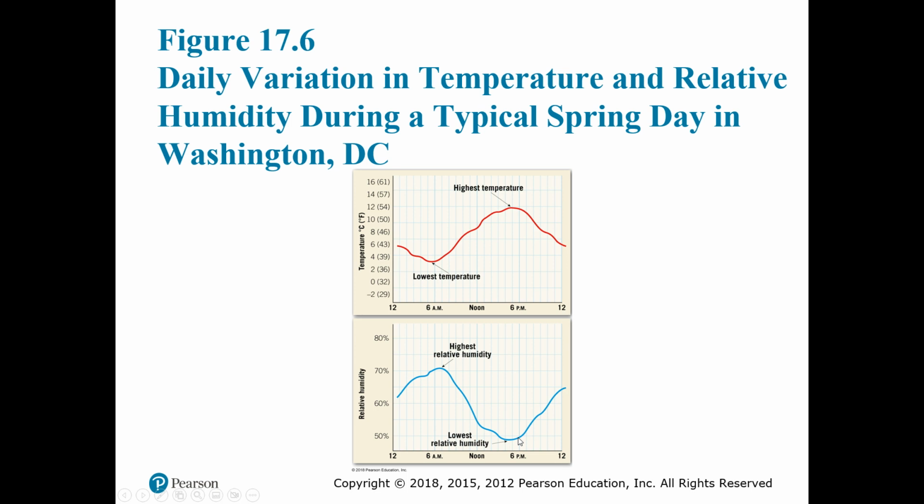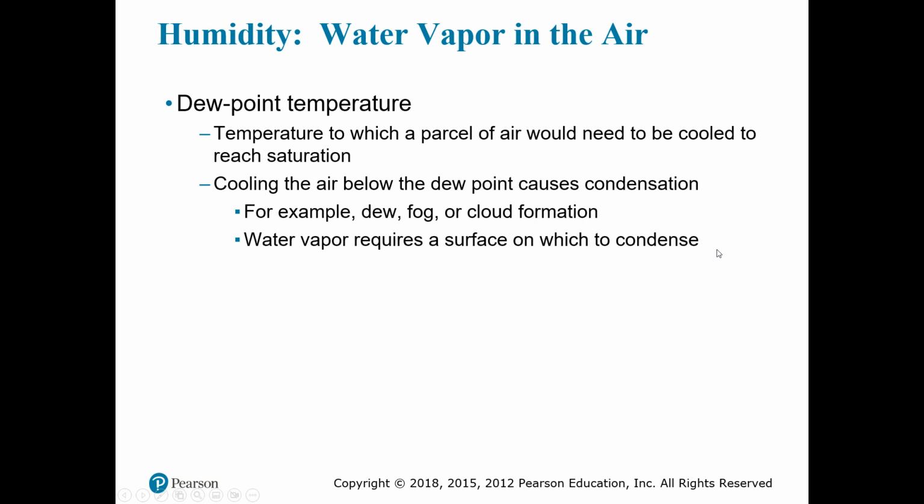So our percentage goes down. And then again, the opposite happens after the sun goes down, starts cooling off, right? The temperature comes down. And therefore, that same amount of moisture that's in the air now constitutes a larger percentage of what can be held by that cooler air. So hopefully that makes sense to you, that inverse relationship between temperature and relative humidity.